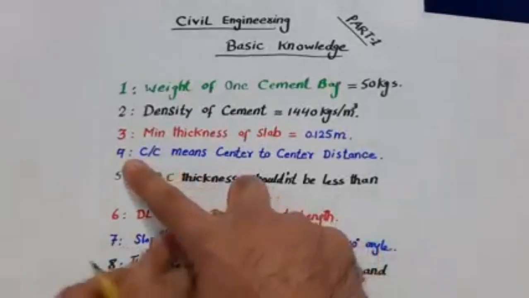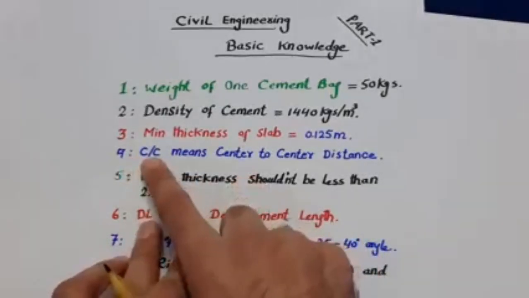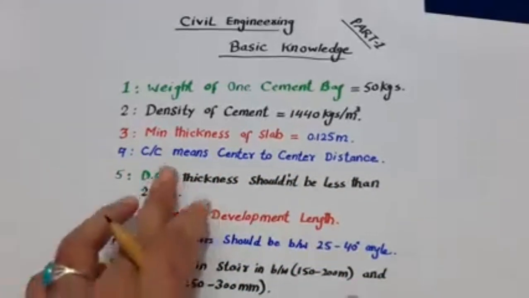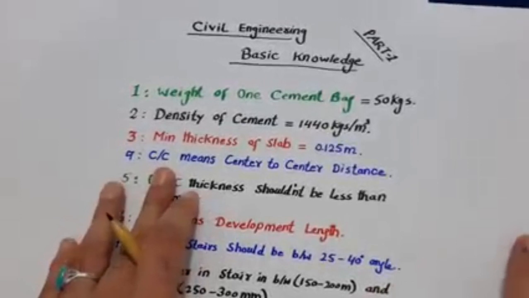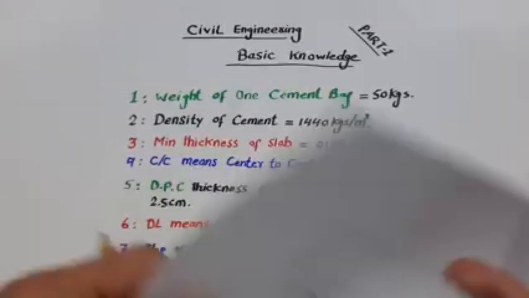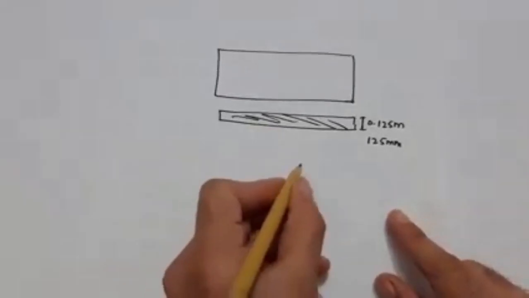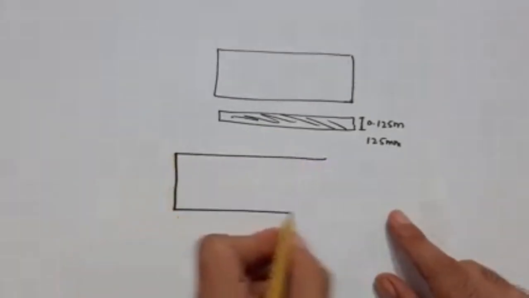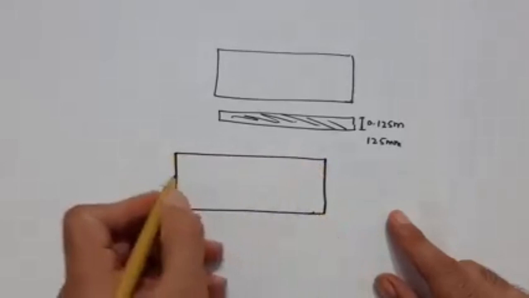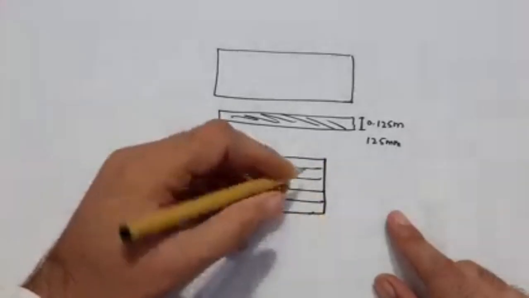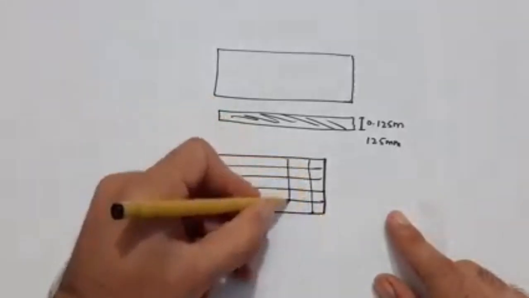Next, guys, the fourth one is C/C, which means center to center distance. C/C is especially used in structure design for the slab or for any RCC members. Like, guys, you can see this is a slab, so we are providing main bars and distribution bars. These are distribution bars and these are main bars.